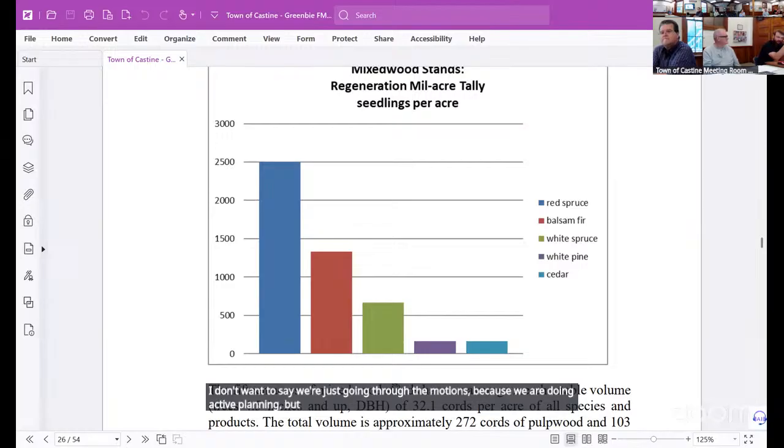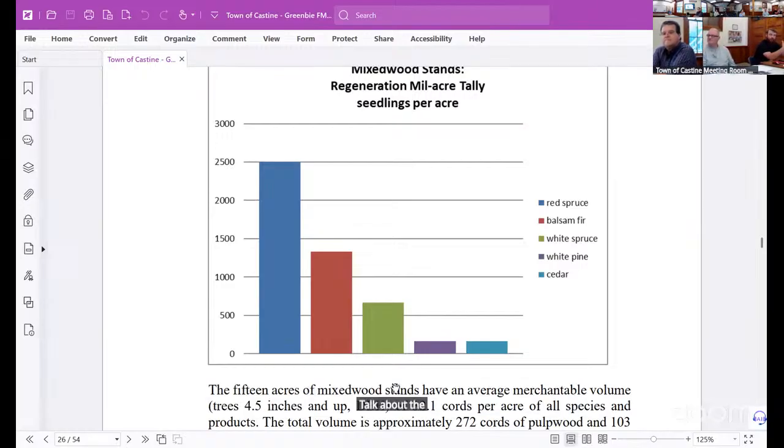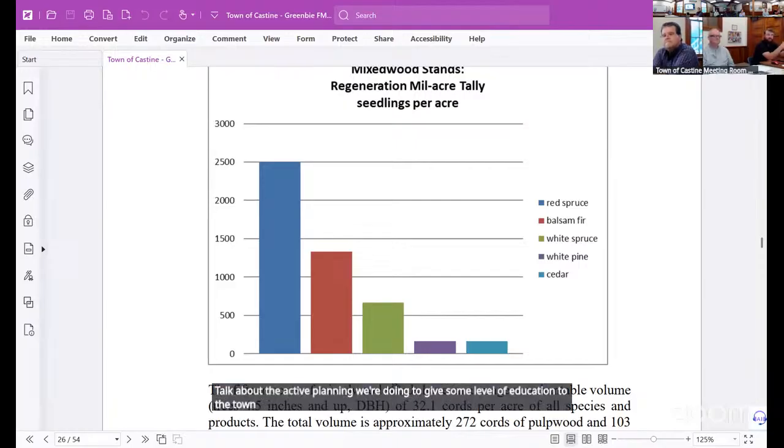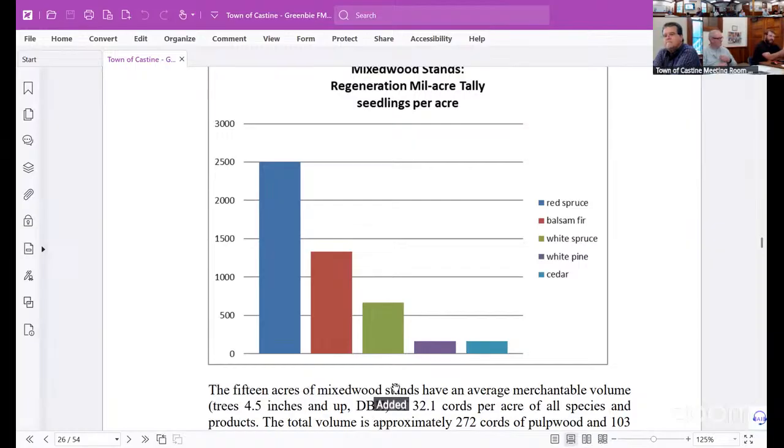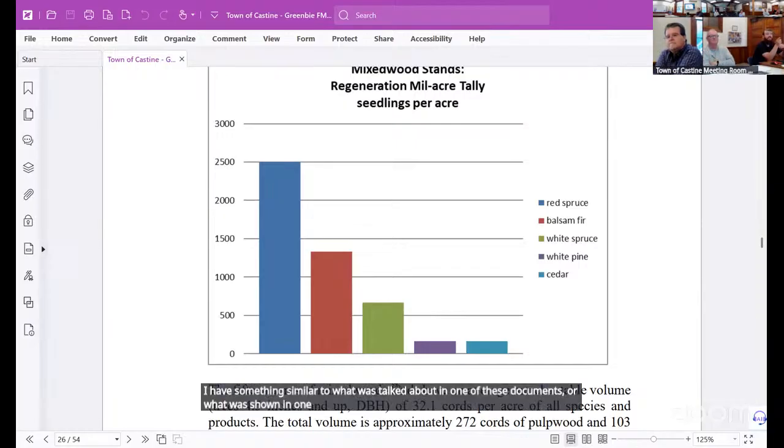But above and beyond, correct me if I'm wrong, we talk about the active planning we're doing to give some level of education to the town. So there's not necessarily a level of buy-in, but there's an added level of understanding about when they go out on their back 40, to go, oh, I have something similar to what was shown in one of those documents, and then they might care enough to go do something.